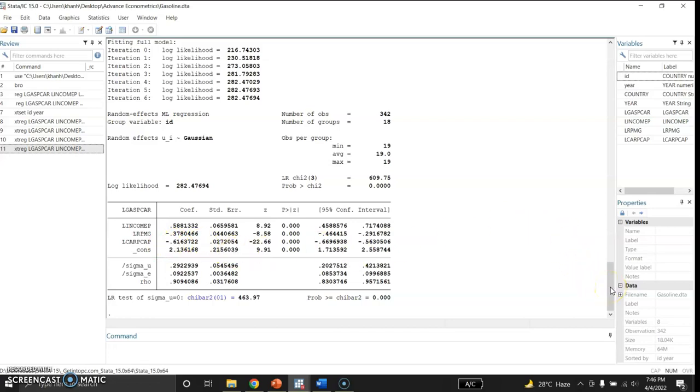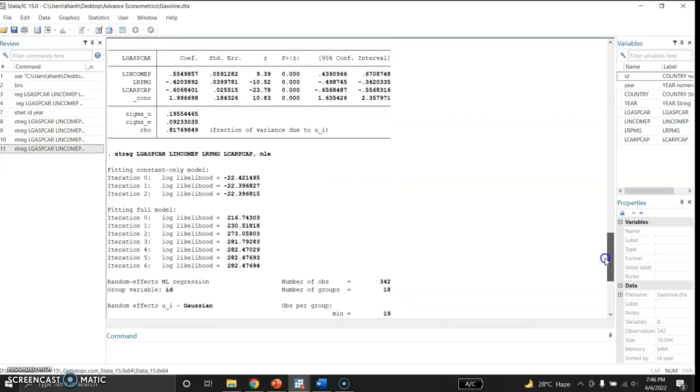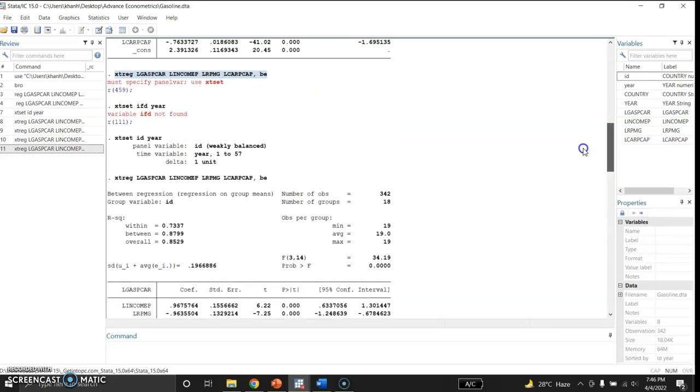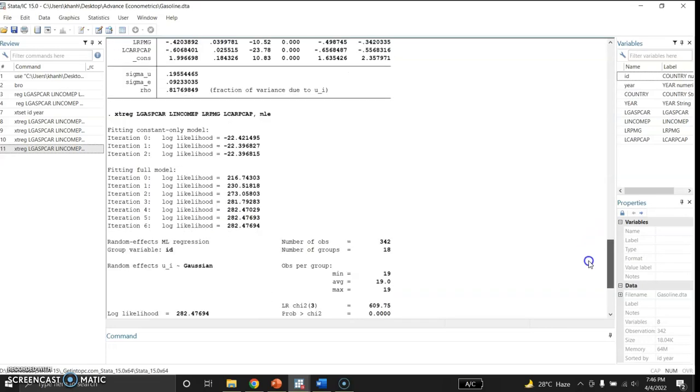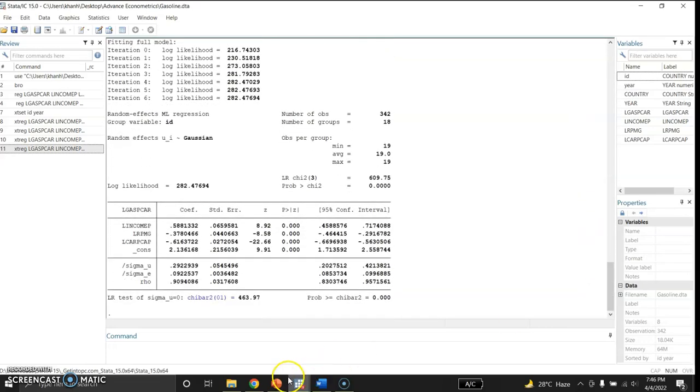So basically there are 5 models, that is OLS, between, within, and then the SWAR, and finally the maximum likelihood estimate. My dear follower, you can scroll down these models, and now I would like to compare these models, and I would go to my conclusion.